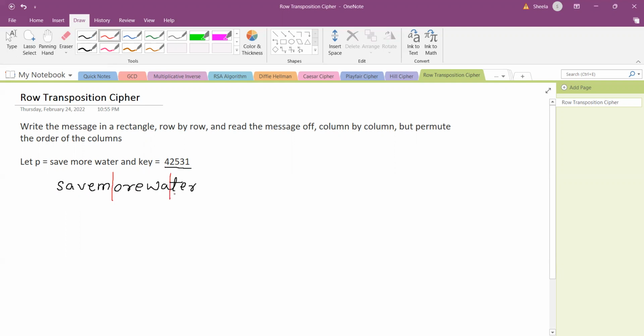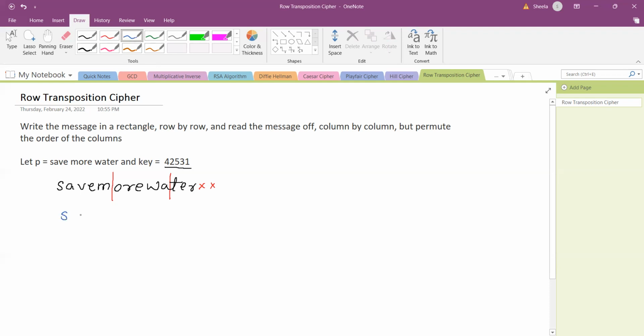Here we can observe that at the end, the number of elements in the last row is not equal to 5, and in this row transposition technique, all rows must be of the same length. So I'll add filler elements at the end. Then I'll write the message row by row.